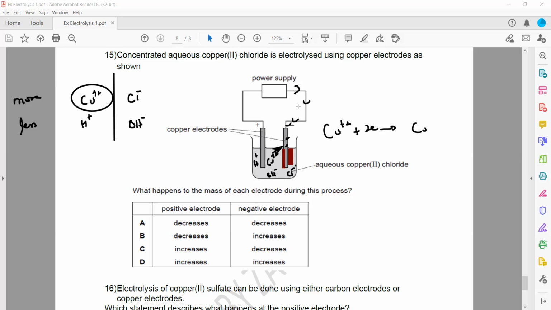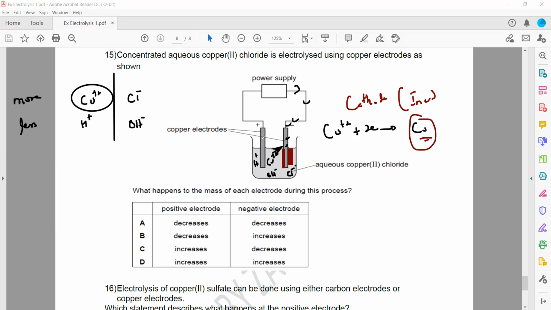So what happened to the negative electrode? Its size will increase, because the copper ions from the solution are attracted towards that electrode and turn into copper atoms. As solid is formed, the size will increase.